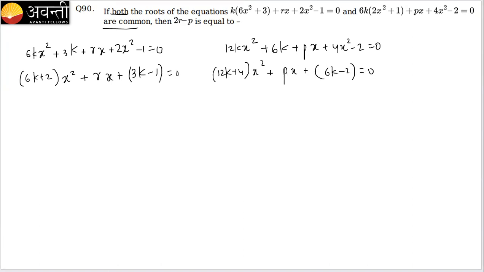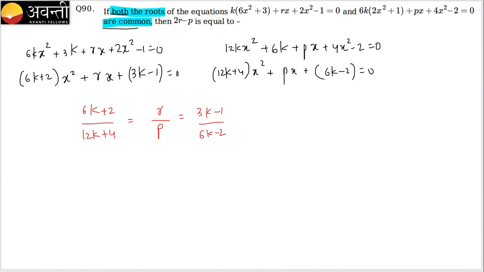Both roots are common. Please remember, both roots are common. Means we have to compare the coefficients. That means 6k plus 2 upon 12k plus 4 will be equals to r upon p will be equals to 3k minus 1 upon 6k minus 2.